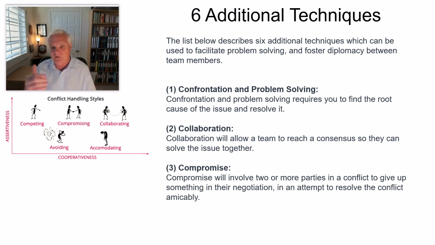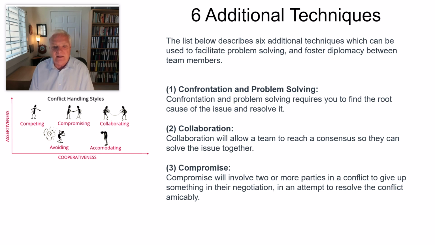Now, there's an additional, I'll call it 6 different techniques that you can use that'll help you facilitate problem solving and foster diplomacy between your team members. One of those, number 1, is going to be confrontation and problem solving. It requires you to find the root cause of the issue and resolve it immediately. Don't let it fester, don't let it stew for a while. Get in and work on the confrontation.